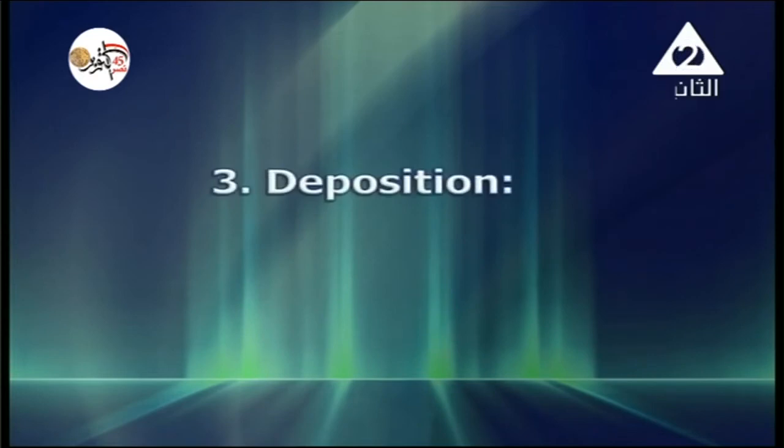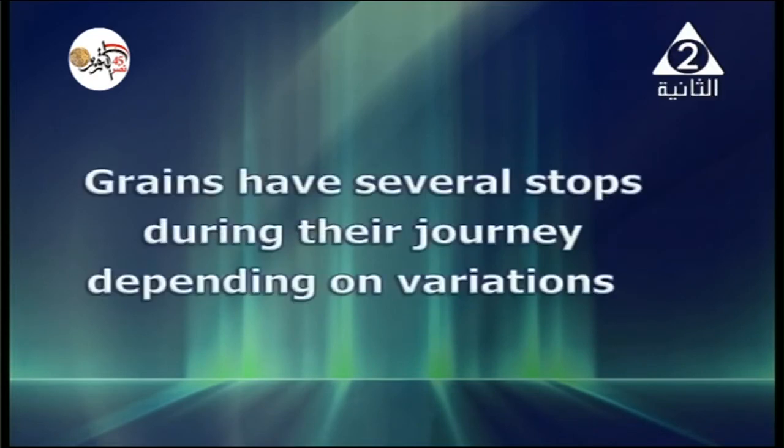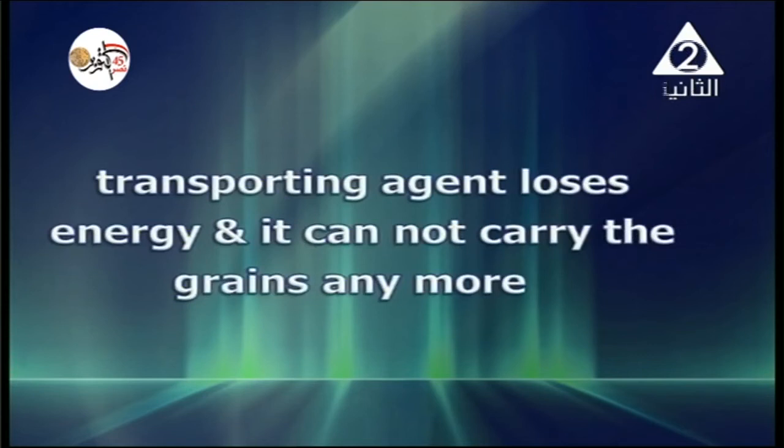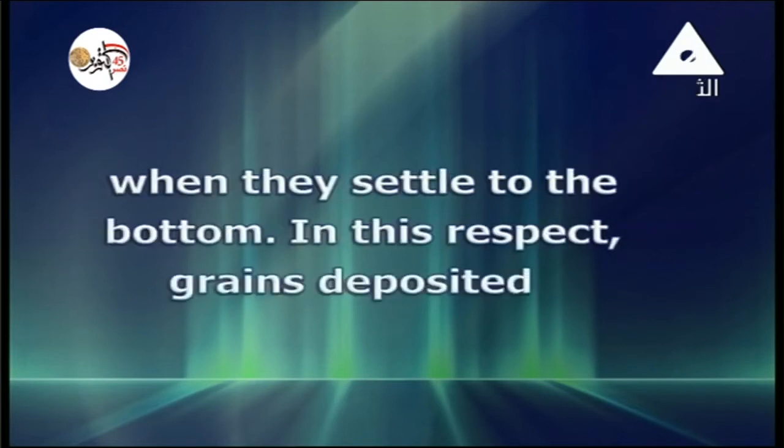And then finally we have deposition. Grains have several steps during their journey, and they have stops depending on the variation in the power of the transporting agents. Detritus is deposited when transporting agents lose energy and cannot carry the grains anymore, when they settle to the bottom.